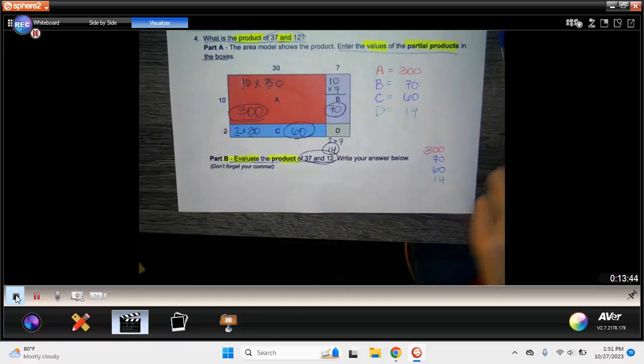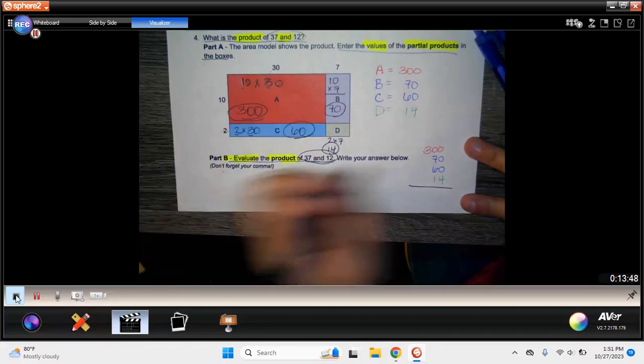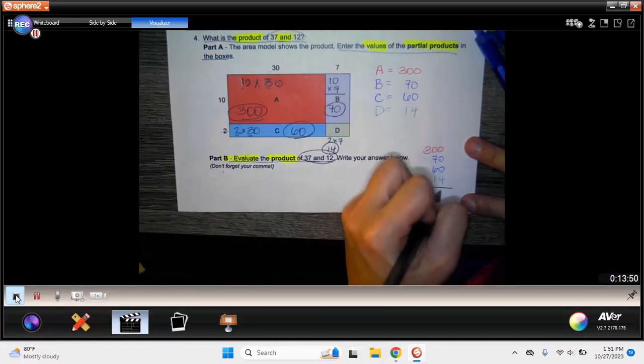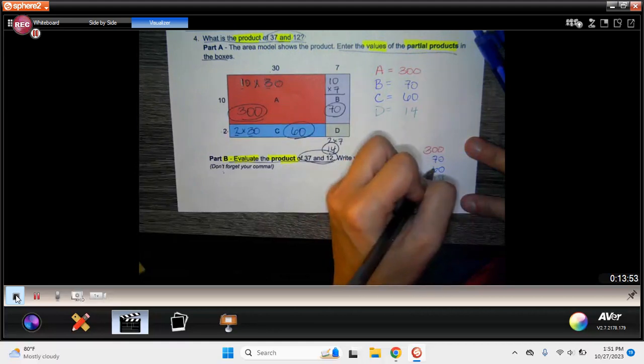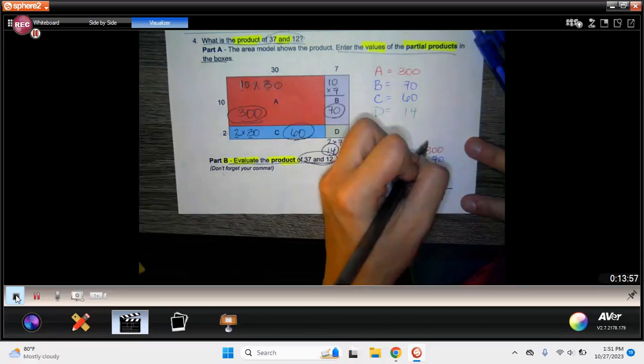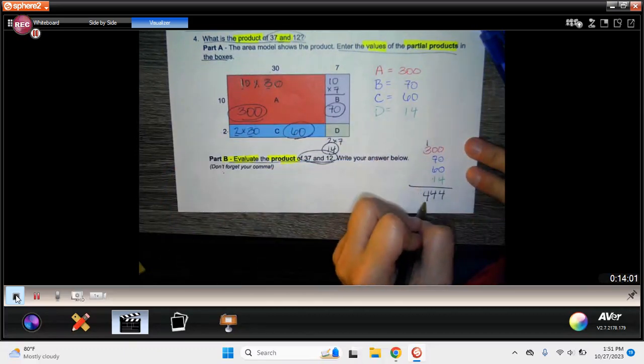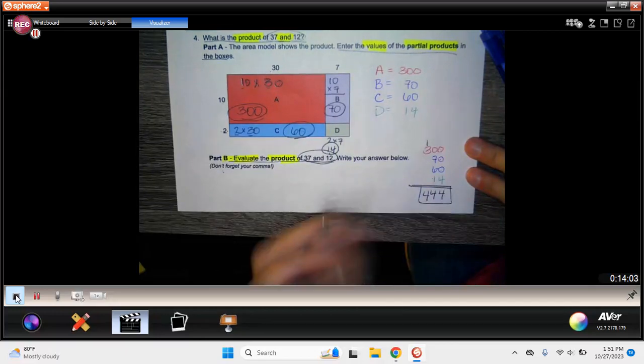I'm going to make sure that if this answer is in the thousands, I add any commas that I need to. But I have 0 plus 0 plus 0, plus 4, which is 4. 6 plus 1 is 7. 7 plus 7 is 14. Drop the 4. Regroup the 1. 1 plus 3 is 4. So I have 444 as the product.